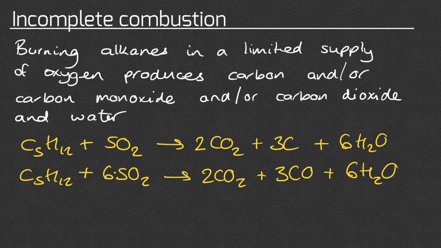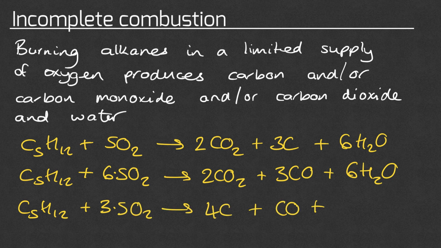Alternatively, it could react with slightly more oxygen, 6.5 moles of it, to produce still 2 moles of CO2, but this time 3 moles of carbon monoxide and still 6 molecules of water. If there was less oxygen available, maybe 3.5 moles of O2, instead it might produce 4 moles of carbon, 1 of carbon monoxide, and still 6 of water.